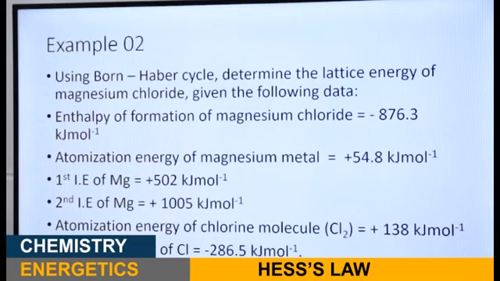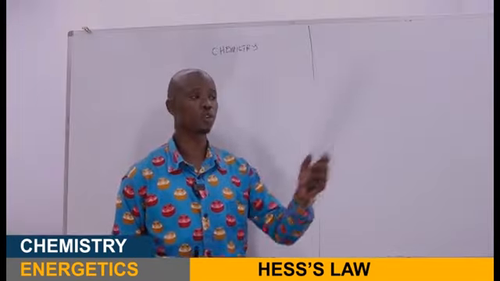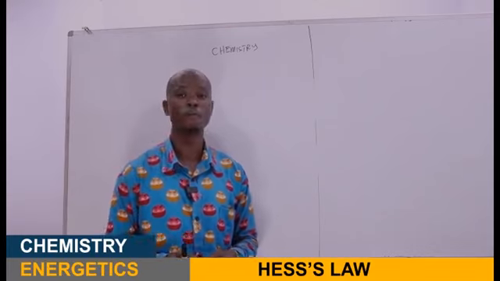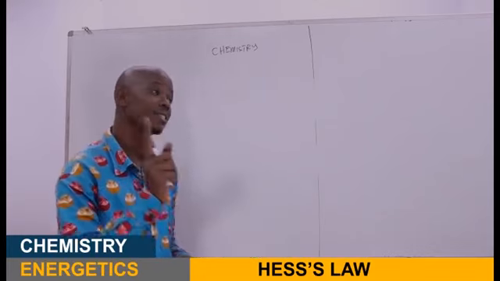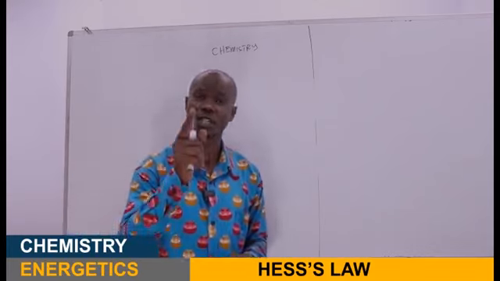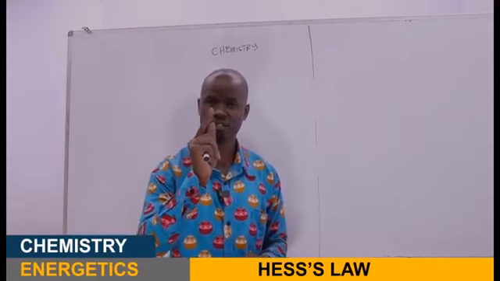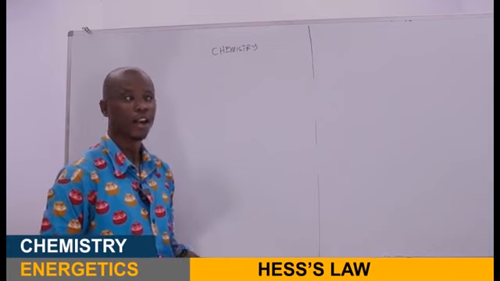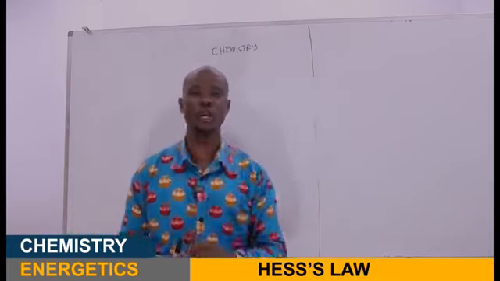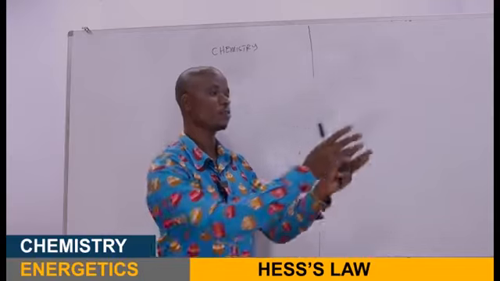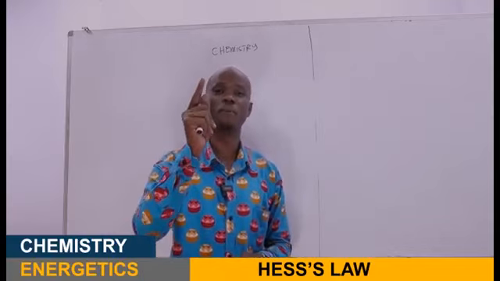So, when you are asked such a question, what are you going to do? It is very simple to solve those problems. When you are asked those questions, do not rush to solve the problem. Try to think what is first required. Before you make any calculation, first you have to draw the Born-Haber cycle.